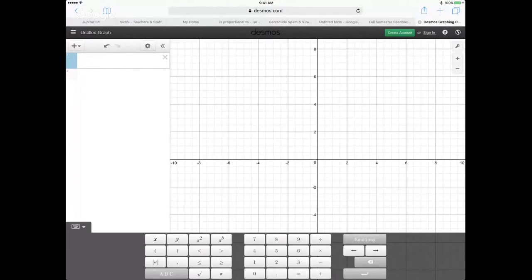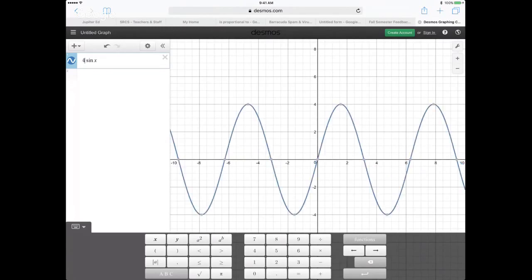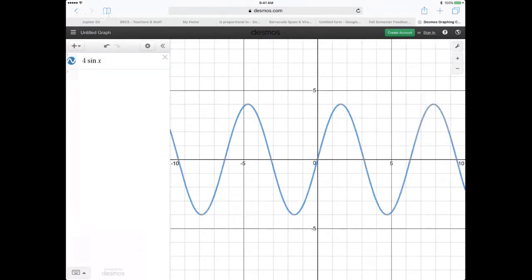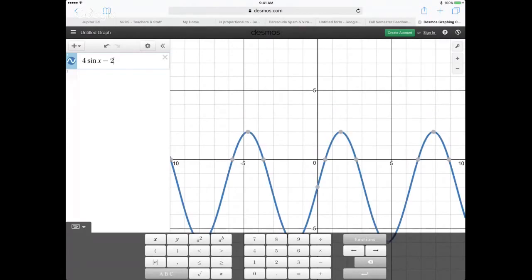So let's say I start with Ryan's got it. It is C over B. That's correct. Let's say I start with sine of x, and then I dilate the amplitude to 4 sine of x. And then I'm going to move down 2.